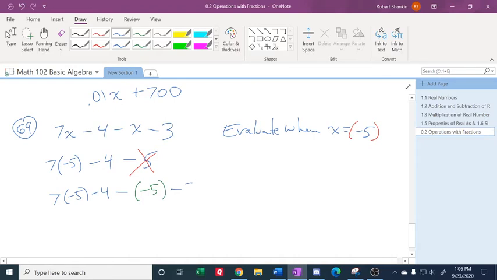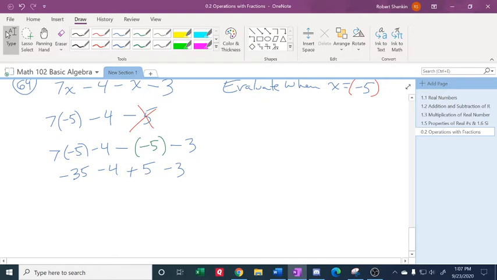We don't like to put 2 signs right next to each other, minus and negative. So we put a parenthesis. Alright, so then this becomes negative 35, because this is one term, positive times a negative is negative. Minus 4. This minus a negative is plus. Plus 5 minus 3. And then this is now all addition and subtraction.